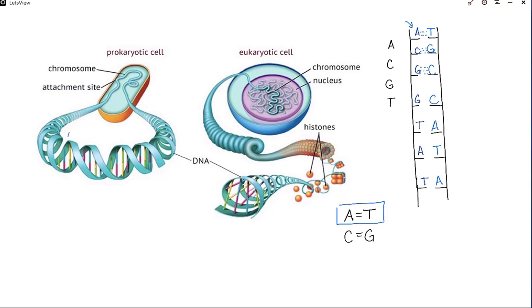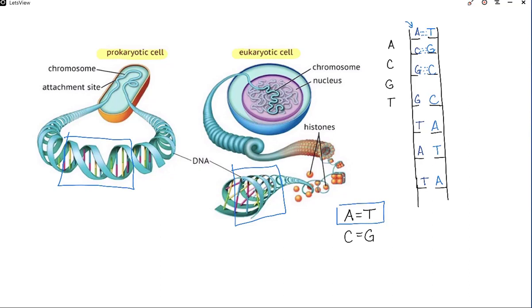And so you can see a double helix here, and you can see a double helix here. Now note that this is consistent regardless of whether you are a prokaryotic or a eukaryotic cell. So DNA is always double-stranded and always exists in this double helix formation in both prokaryotic and eukaryotic cells, basically any living cell.